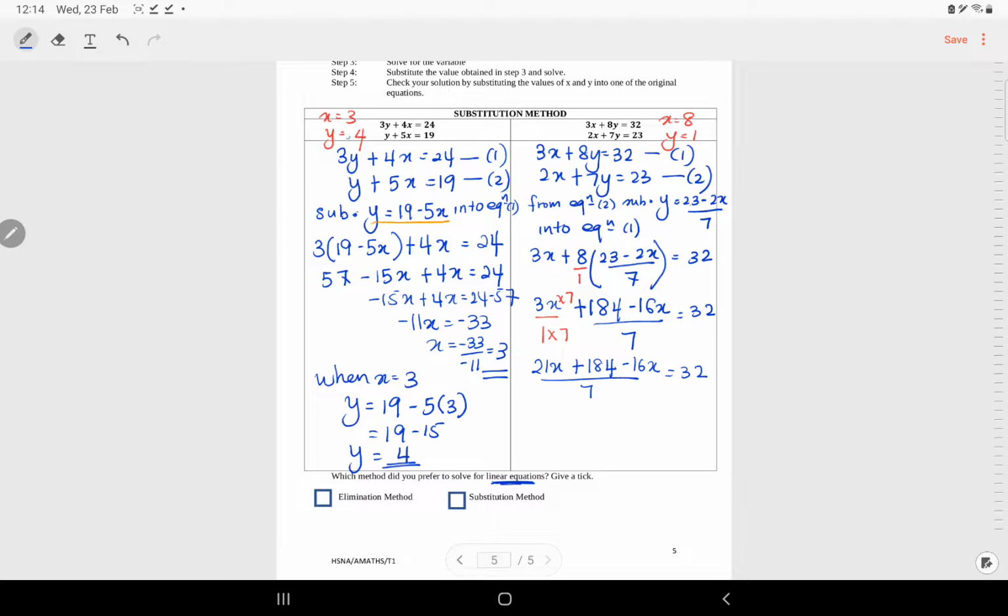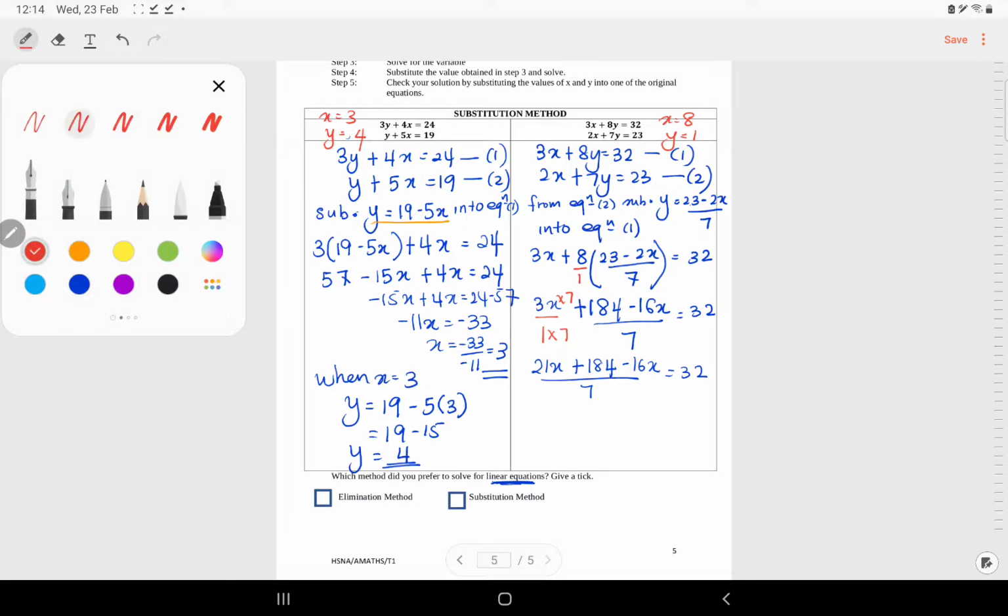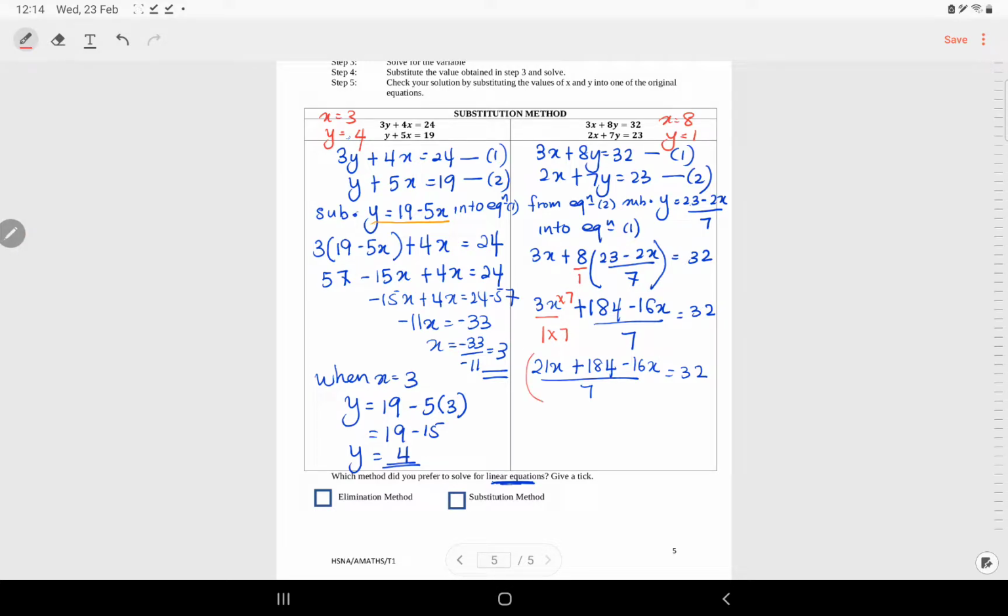And then next, you need to get rid of this fraction here. How do I get rid of the fraction? You multiply by 7 on one side, but you also multiply by 7 on the other side.